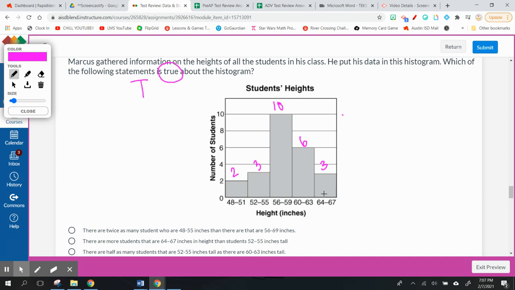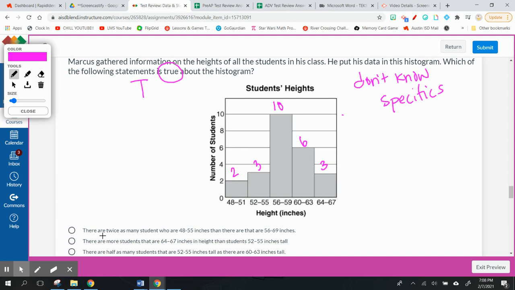For example, this 64-inch to 67-inch range, how many people were 65 inches tall or 66 inches tall? We don't know specifics, right? Everyone in that group, for all we know, could be 64 inches tall. We don't know. We just know they fit into that height range.